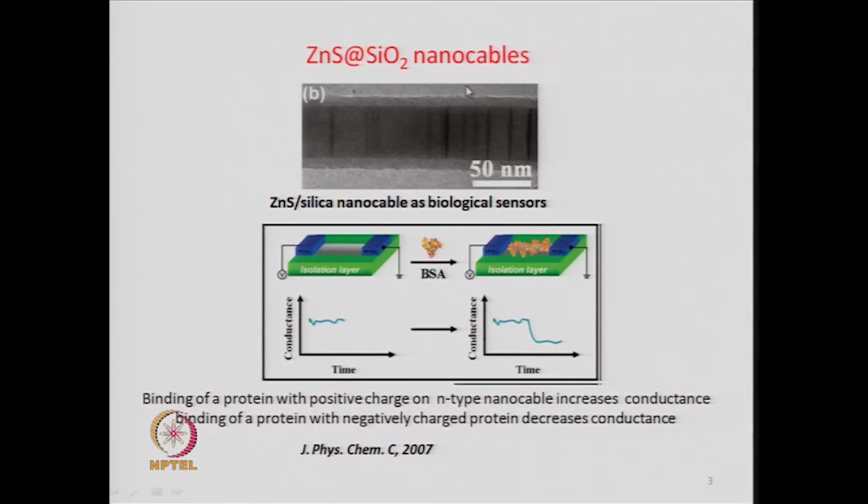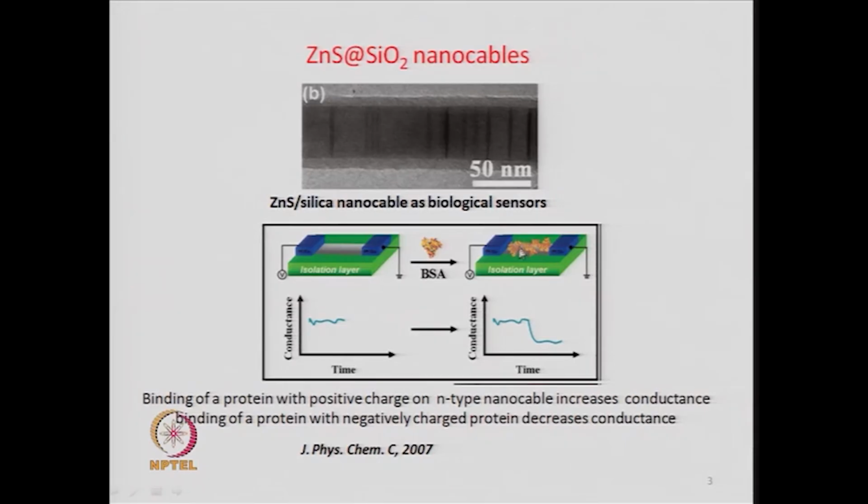This protein is bovine serum albumin, a protein from the blood of a bovine like a cow, and it has a positive charge and hence will be stabilized on the surface of the nano cable.